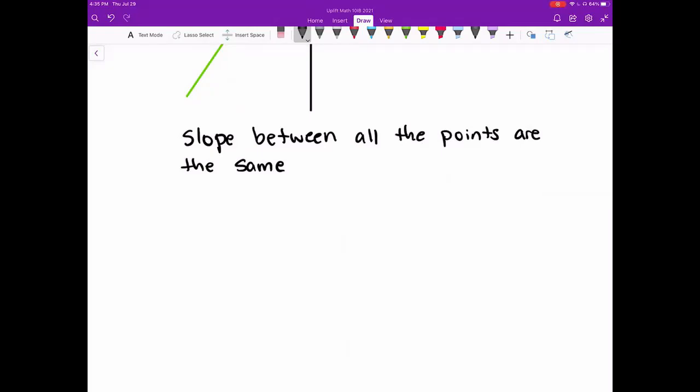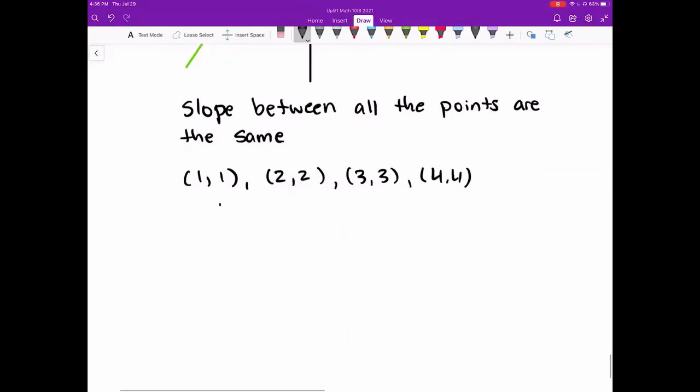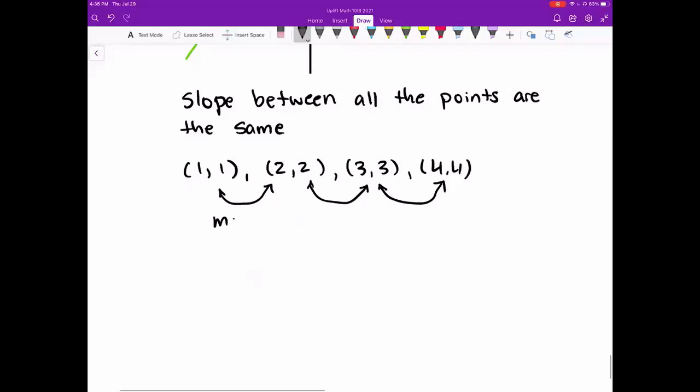For example, (1, 1), (2, 2), (3, 3), and (4, 4). When we find the slope between each of these 2 points, we see that they're all equal to 1, which means that they're collinear.